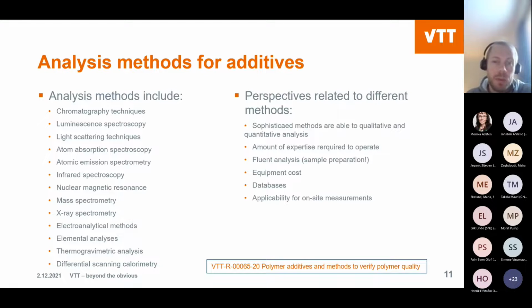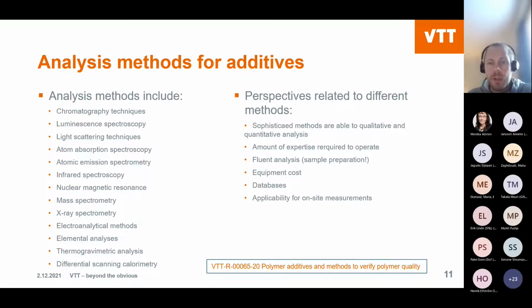Then, of course, the equipment costs. Some of these are rather expensive equipment. It doesn't necessarily make sense to invest a large amount of money in these types of things. And then some of the analysis methods require a database on earlier analyses in order to function properly or get the most out of the measurement results.